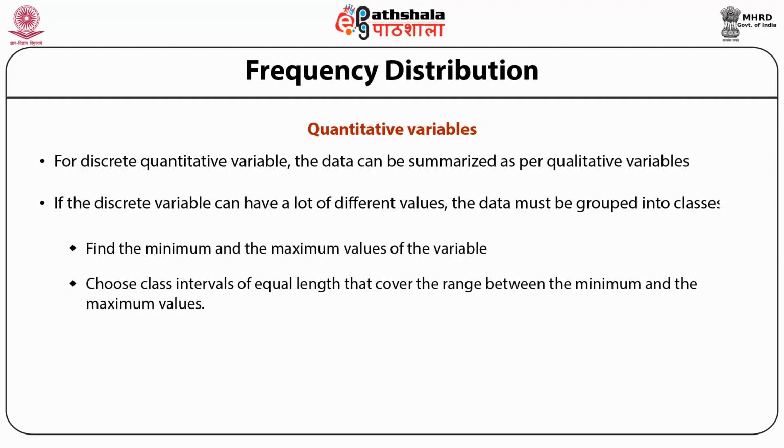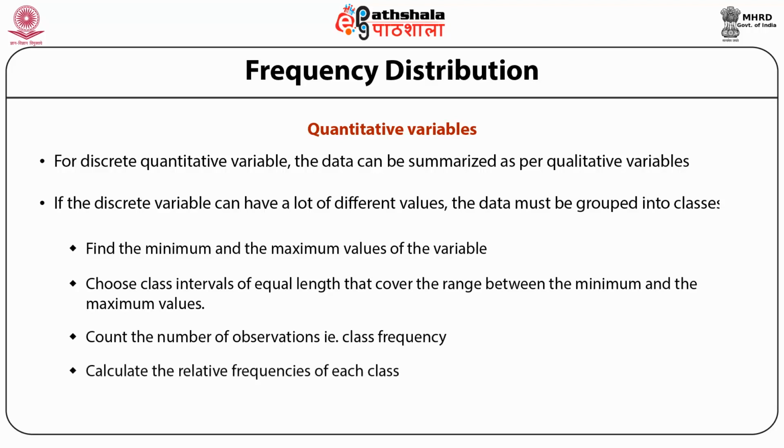Mostly we put them in equal intervals, but sometimes we can vary the length of the intervals too, if data are very minimal. Count the number of observations under each class frequency, and then calculate the relative frequency to find a justifiable, logical answer against your representative data.